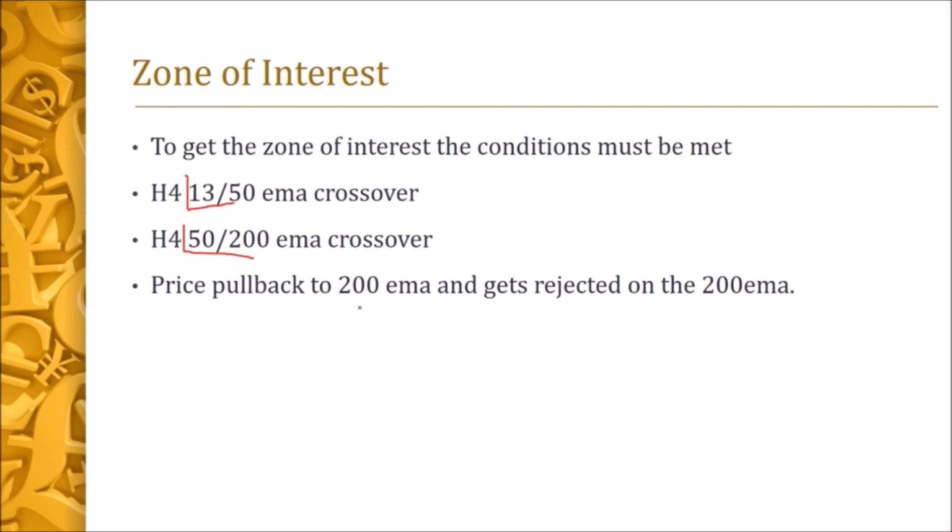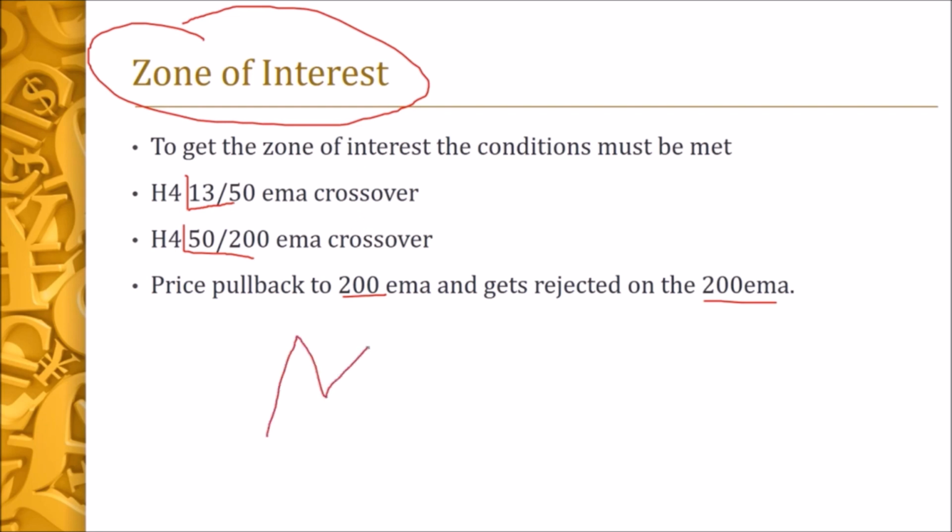Then price should pull back to the 200 EMA and get rejected. At the 200 EMA, that is our point of interest or our zone of interest, as I said earlier on. So within that zone of interest, that is where we will be looking for multi-session M or multi-session W to make our entry.